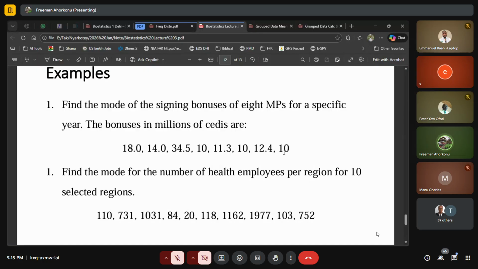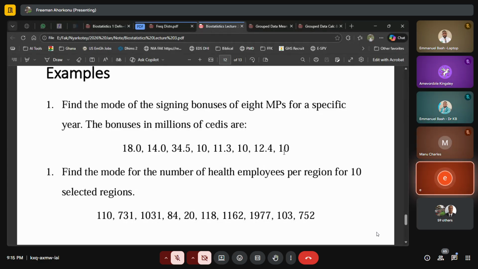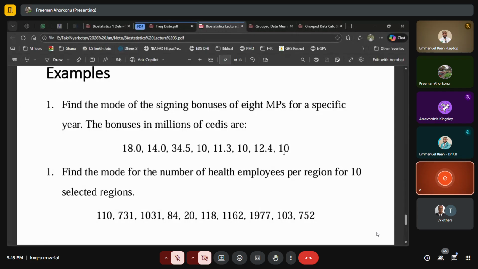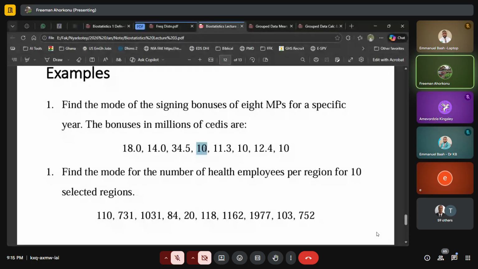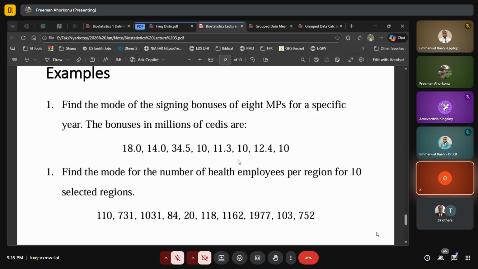Which one is the mode here? 10 million. 10 is the most. So we have 10 million occurring the second time, and occurring the third time, whereas all the rest are occurring less than three times.